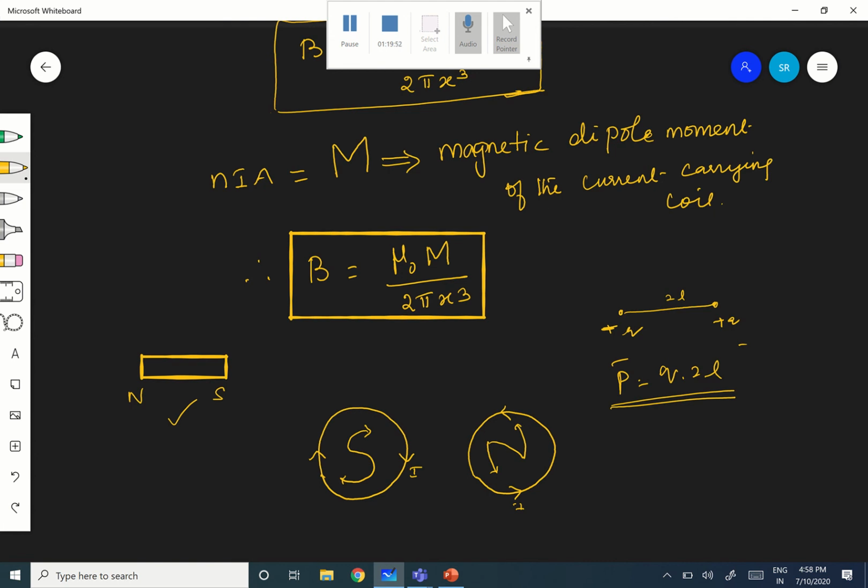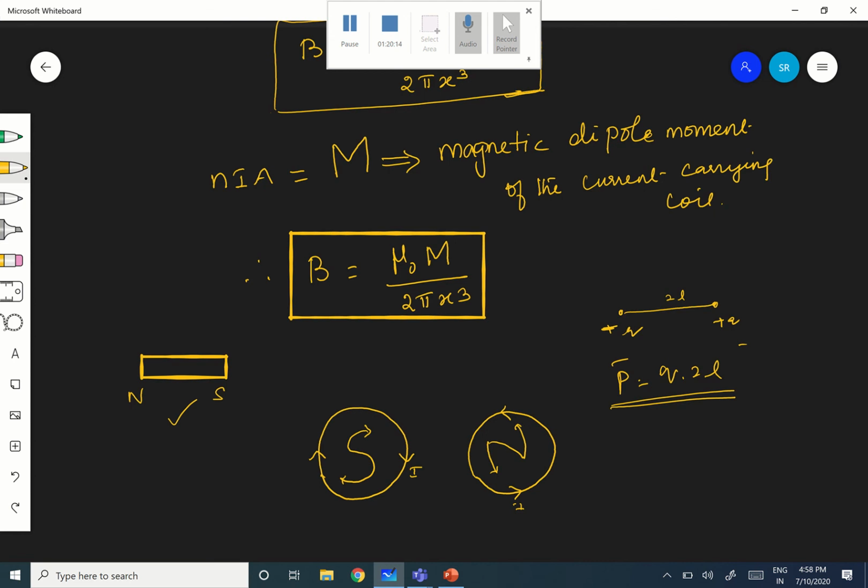Then for your friend, who is on the opposite side of the circular coil, it will be in the anti-clockwise direction.